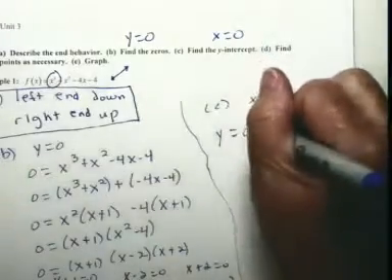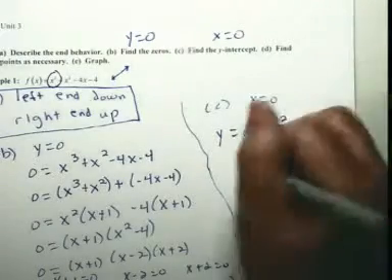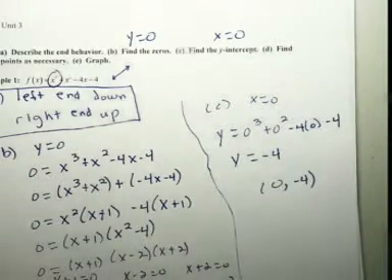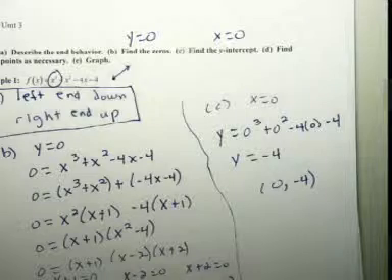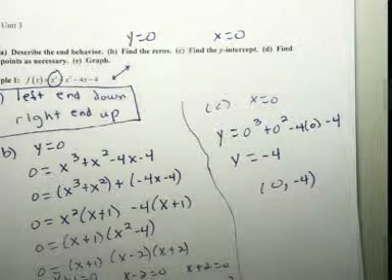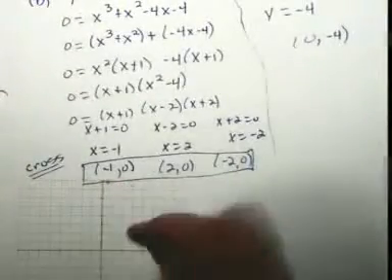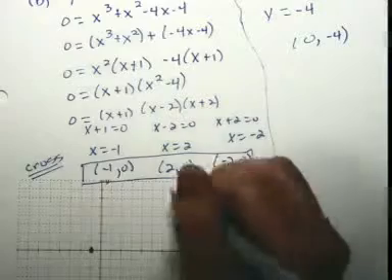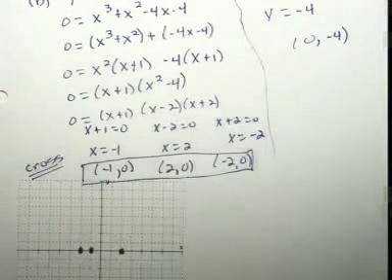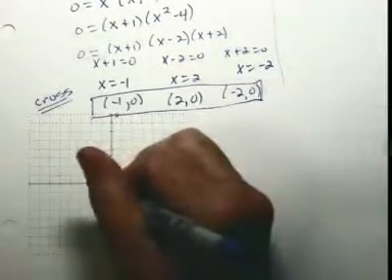I've got 0 to the third, 0 squared, okay, I'm going to put these points on here, -1, 0, 2, 0, -2, 0. I also had a point at 0, -4.